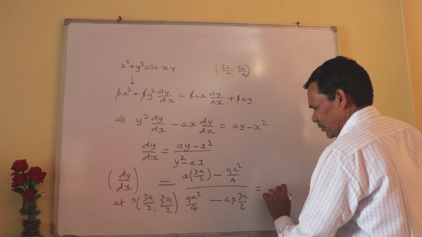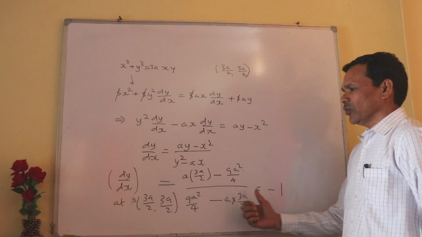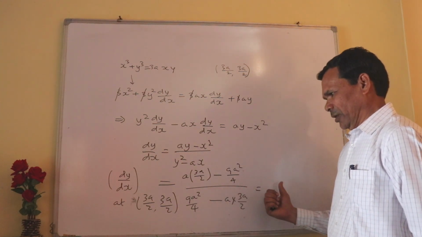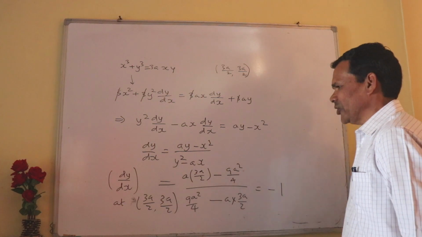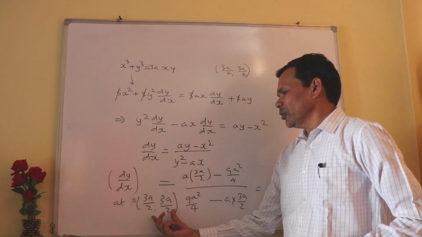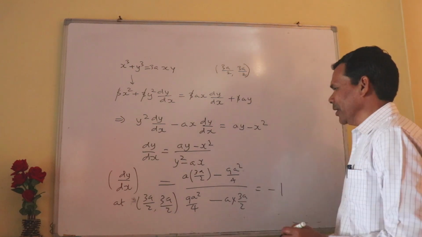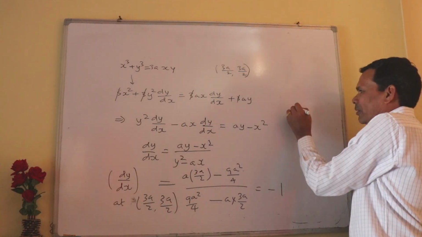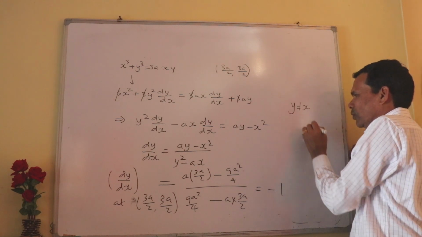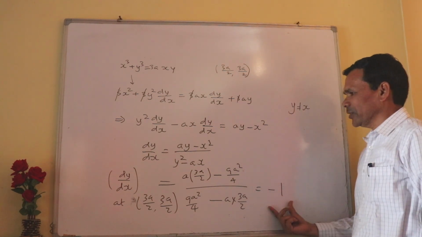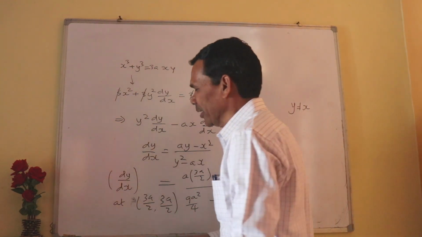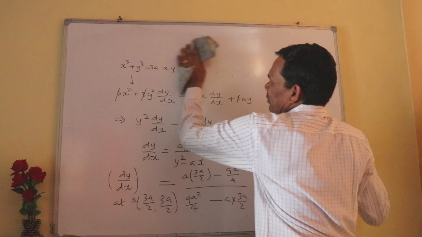If you simplify this, you are getting minus 1. So dy by dx at this particular point is minus 1. So the tangent at this particular point is perpendicular to the line y is equal to x, because the slope of this is 1 actually, and the slope of this is minus 1.